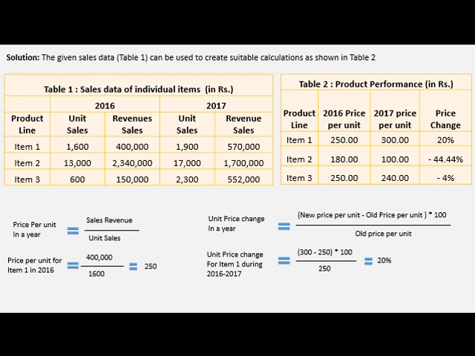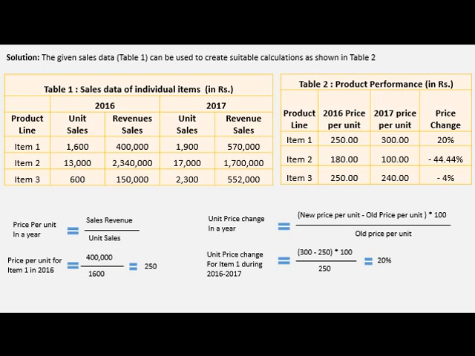This gives us 250 as the unit price for item 1 in the year 2016. Similar calculation for 2017 gives us the unit price for item 1 as 300. For item 2 the unit price in 2016 was 180 and in 2017 it was 100. For item 3 the unit price in 2016 was 250 and in 2017 it was 240.